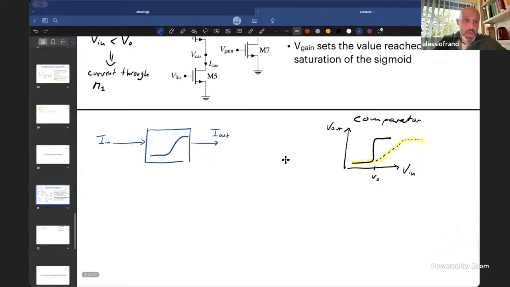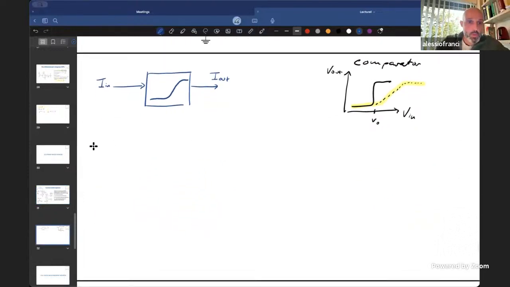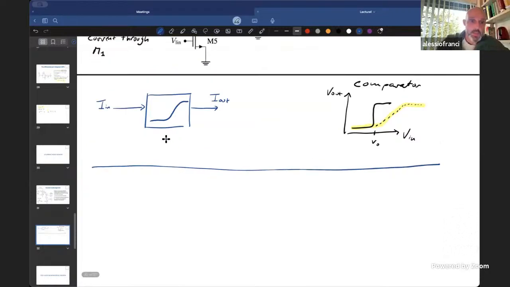So what we have now, that's what we use in our lab to build neuromorphic circuits, is these current mode sigmoids. That's the nonlinear part of the system we design.